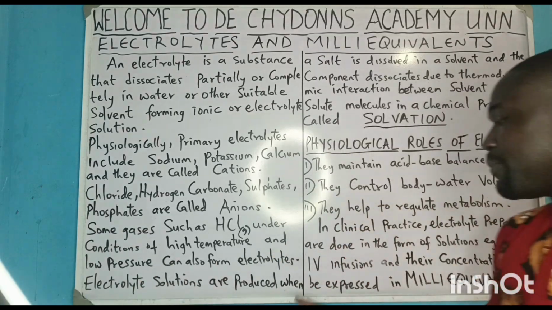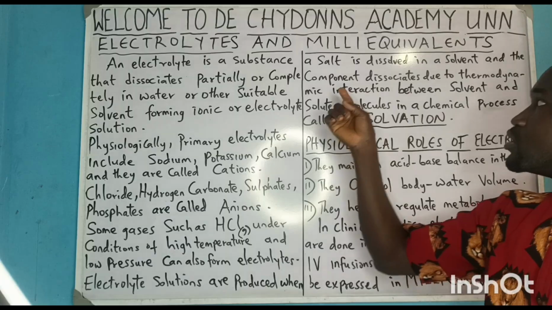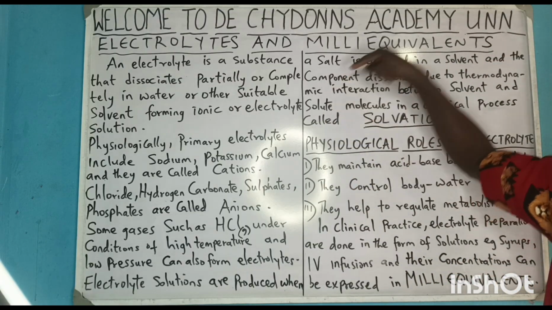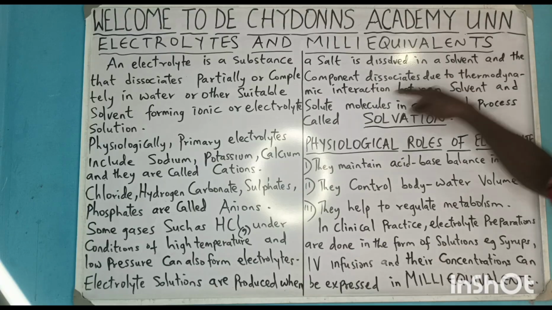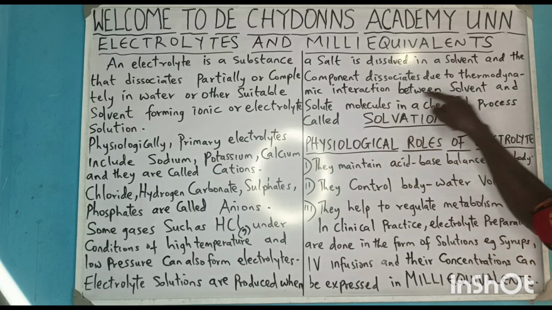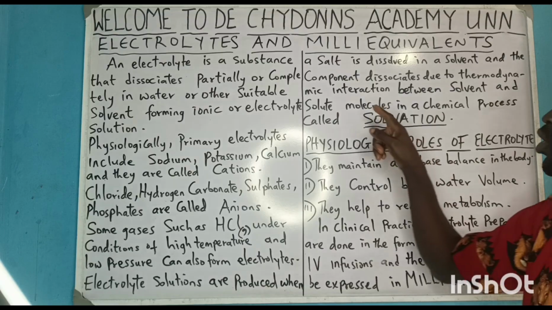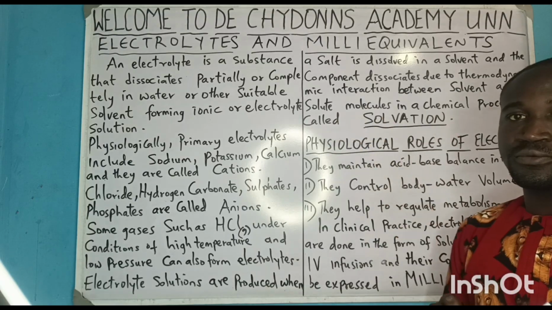Electrolyte solutions are produced when a salt is dissolved in a solvent and the component dissociates due to the thermodynamic interaction between solvent and solute molecules in a chemical process called solvation.